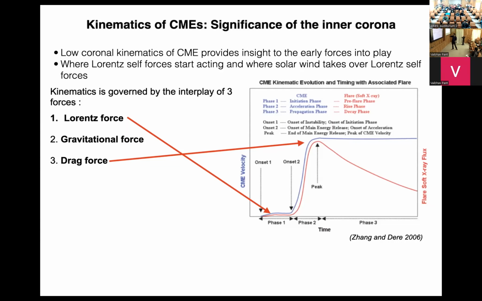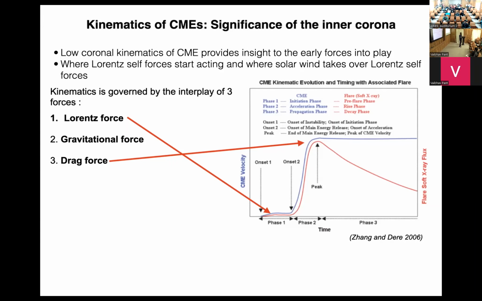Very close to the Sun, the solar wind velocities are very small, but the J cross B Lorentz force is quite large. So during the initial time, the Lorentz force dominates, and that accelerates the CME.